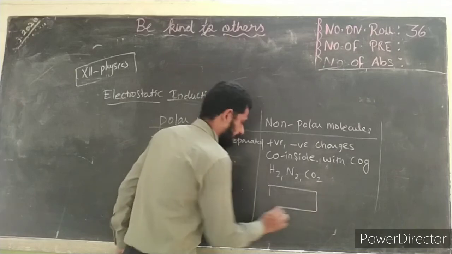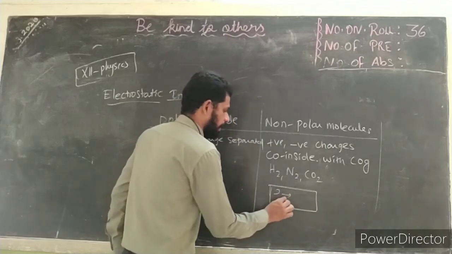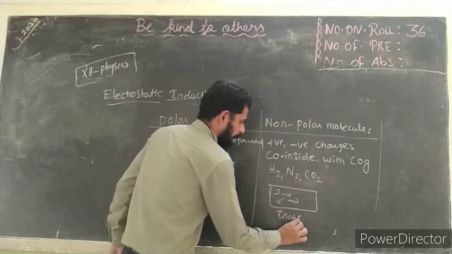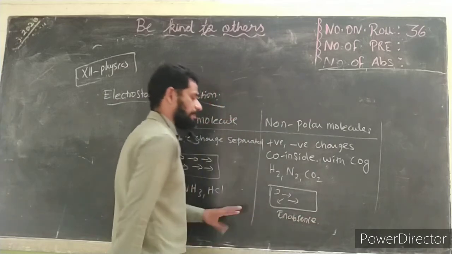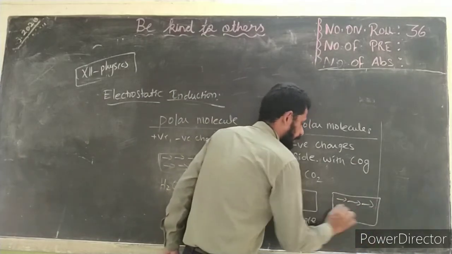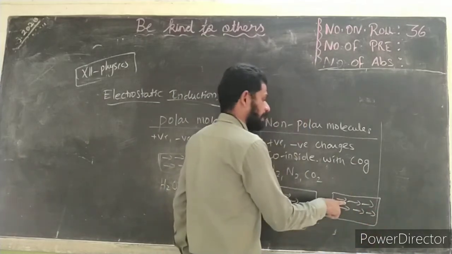Non-polar molecules don't have any permanent dipole moment. In the absence of an external electric field they move in a random manner. When the electric field is applied, they align themselves in a particular direction and act as a dipole.